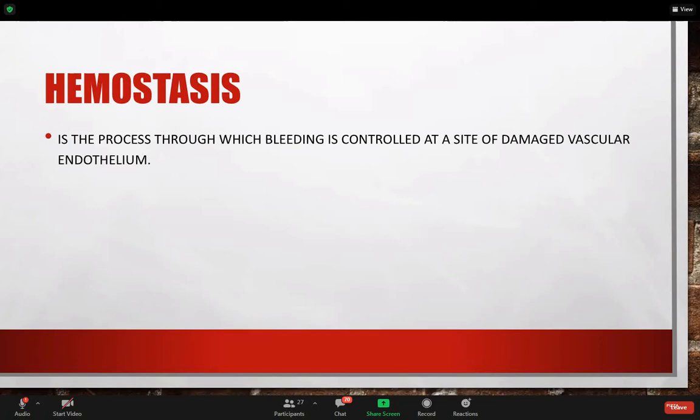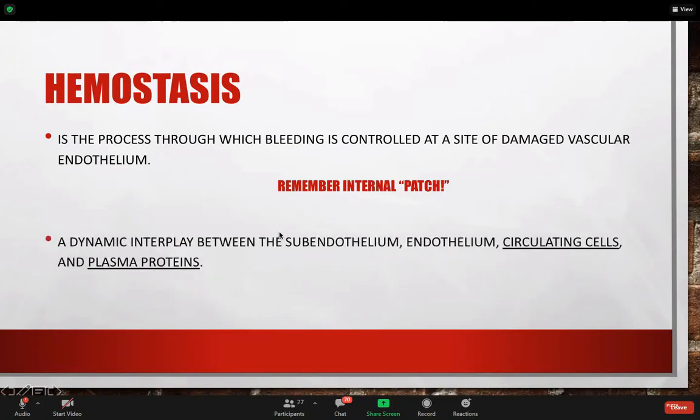So if we have damage to the vascular endothelium, the process to stop this bleeding we call hemostasis. Okay? It's a kind of internal patch, like the one we put on the skin, the band-aid. There is actually an internal patch resembling that, okay?